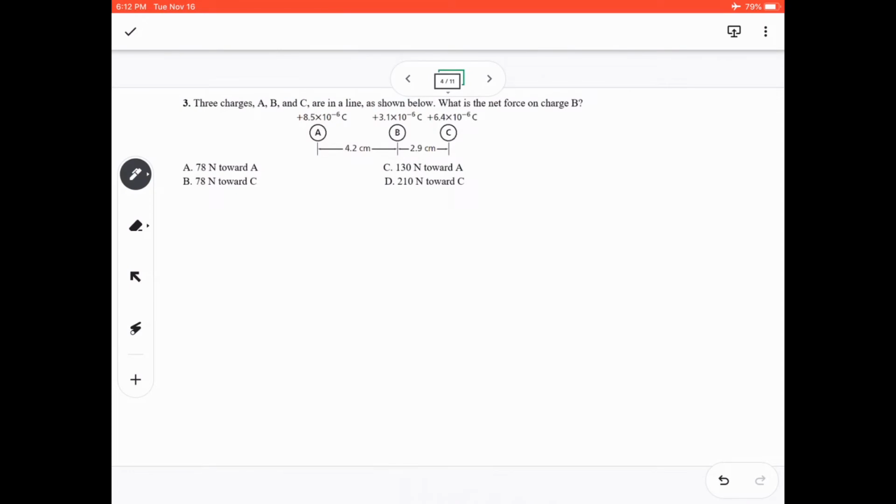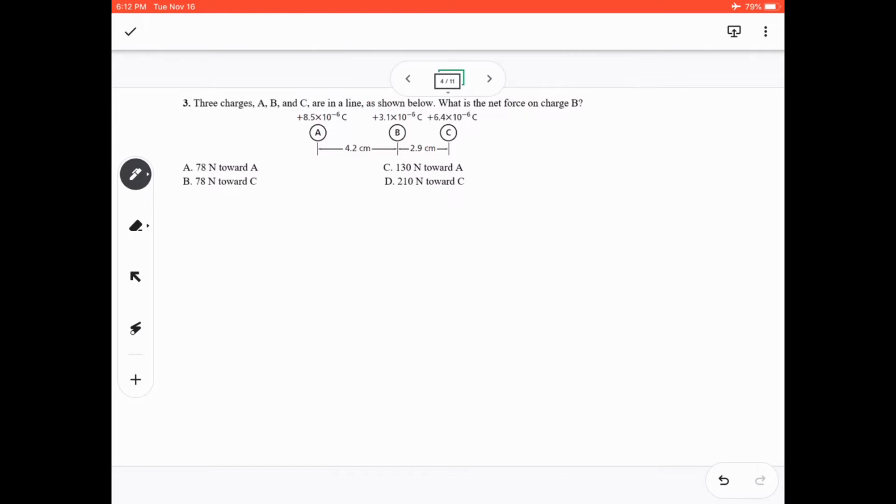Question 3. Three charges A, B, and C are in a line as shown below. What is the net force on charge B? As you can see, we have a drawing here, and the charges are in a line. Then we're going to get the net force on charge B. Each of the charges are given over there in the drawing.